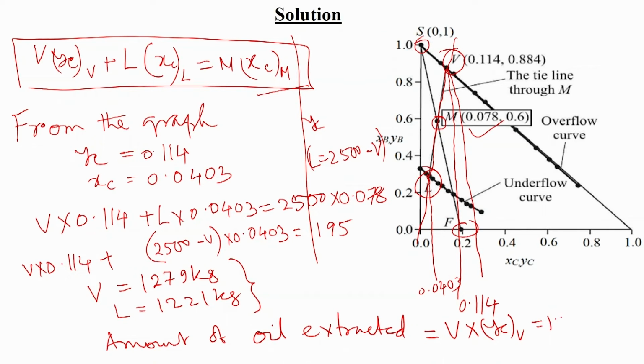V is 1279 and Y_C is already obtained from the graph, 0.114. So it comes out as 145.8 kg. So we have 145.8 kg of oil in the overflow.